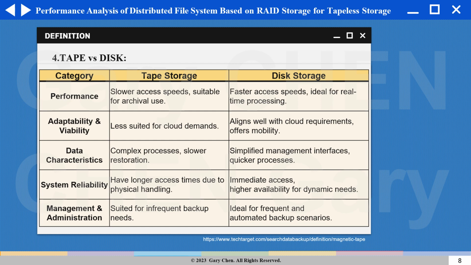This is a comparison table between tape storage and disk storage, focusing on the following 5 characteristics. First, performance. Second, adaptability and viability. Third, data characteristics. Fourth, system reliability. The last one is management and administration.